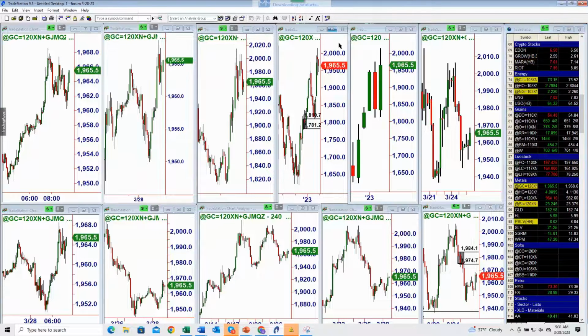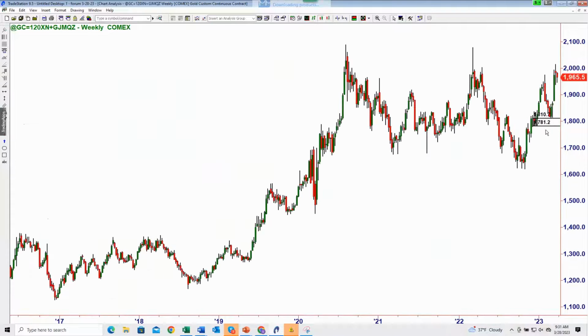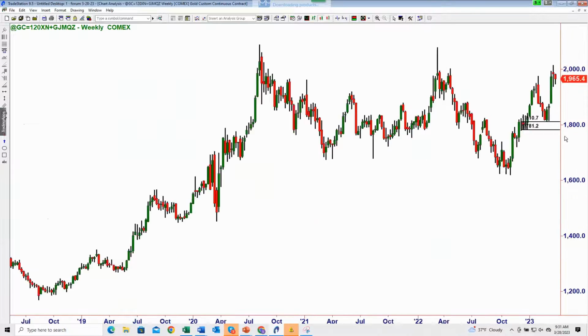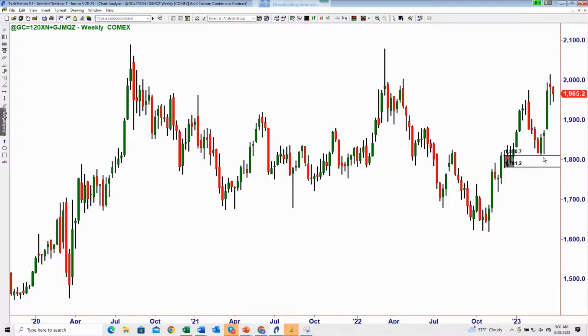After turning higher at our demand zone here in the 1810 area, and by the way, another point here, notice we just touched the area. That suggests there's still a big enough imbalance here to where we'd expect prices to turn again. We use the rule of 50%.